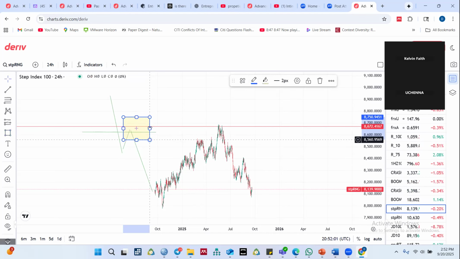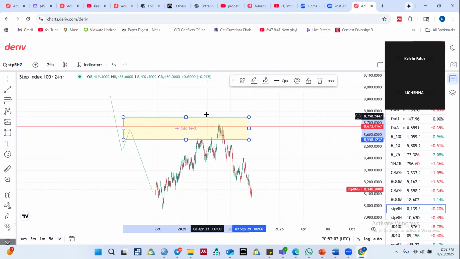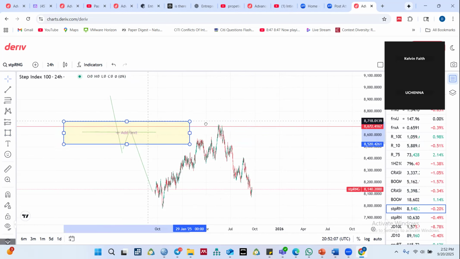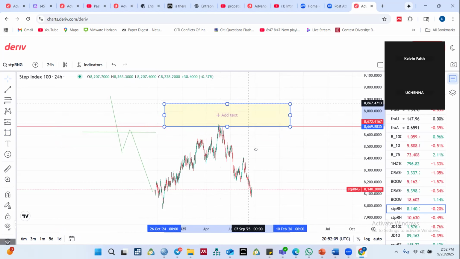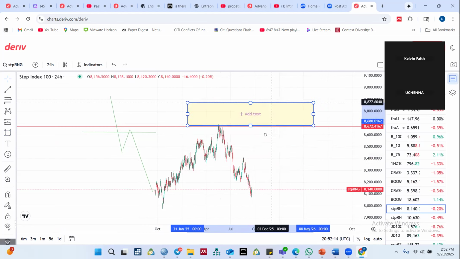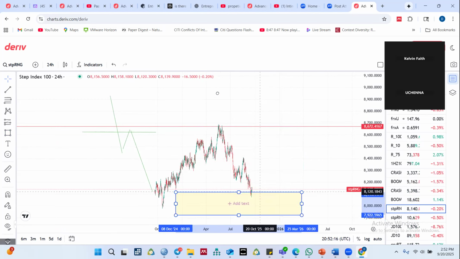Okay, so this one swept that liquidity around the left side here and then quickly dropped down, broke structure and then started dropping.